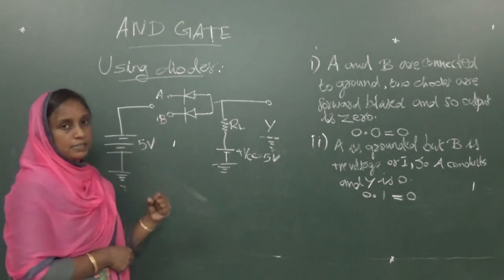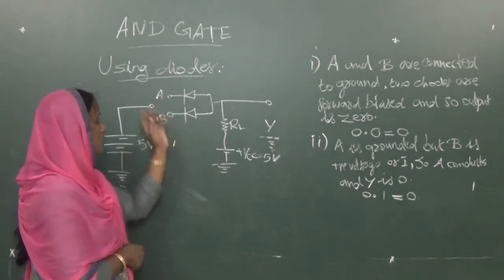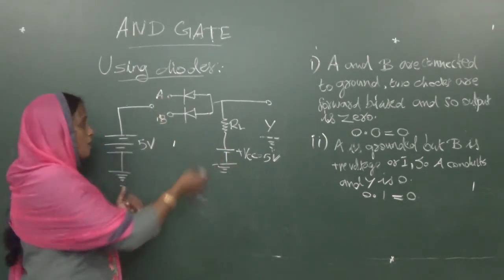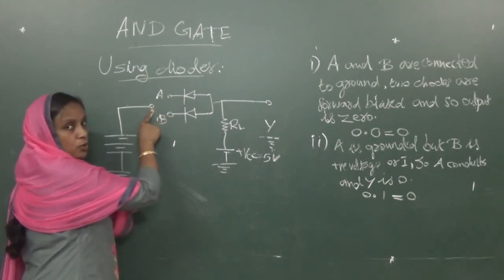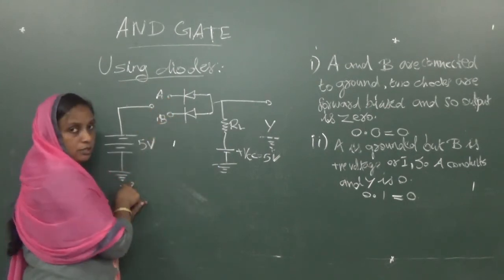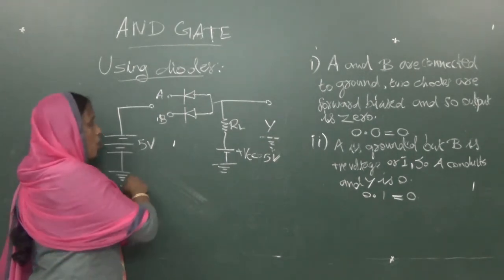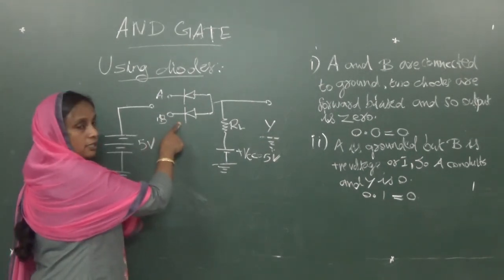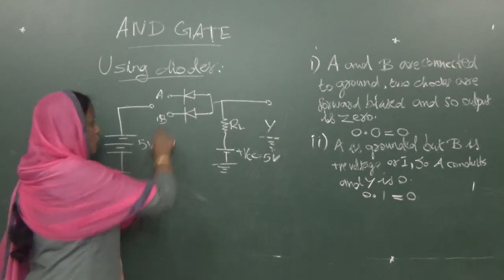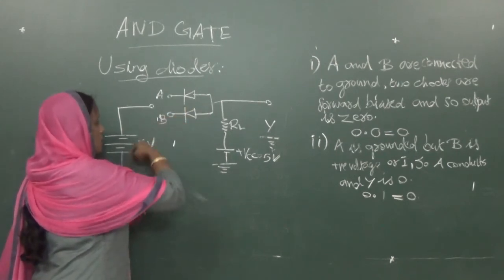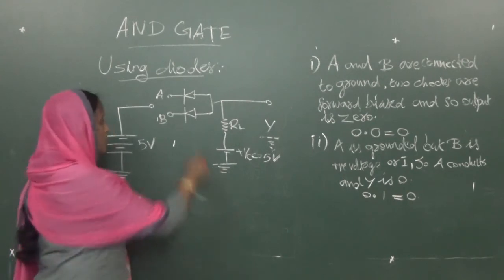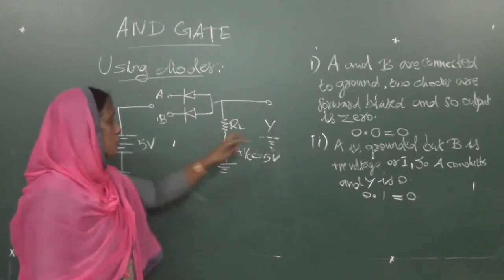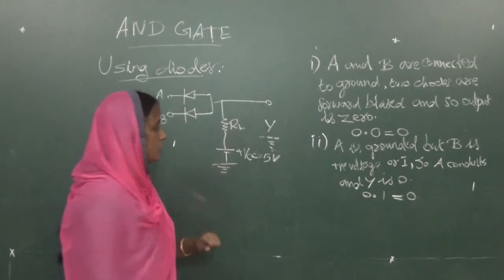Now you can check the third case. Third case is just like our previous discussion, but this time A is connected to the high value and B is grounded. So B is forward biased, A is reverse biased. So the current passes through like this, through this. So there is no output across this junction.